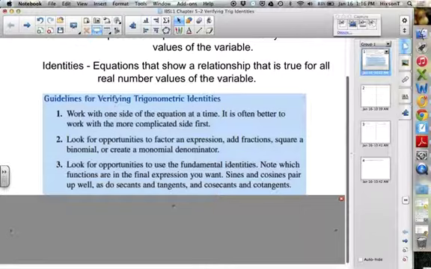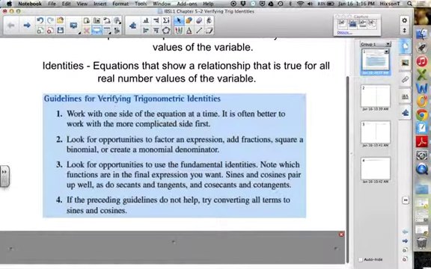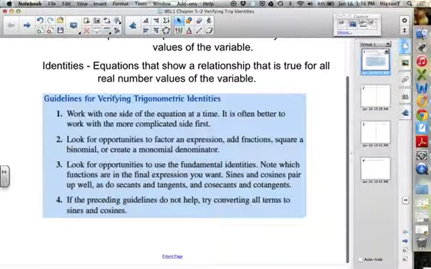Now, once you've kind of exhausted some of these strategies, and you can't see anything else obvious to do, the last thing here, try converting all the terms to sines and cosines, and that's something that we've done already a bit, but just want to reiterate. If you have any kind of a mixture of trig functions and you're not sure what to do, just try putting them all into sines and cosines.